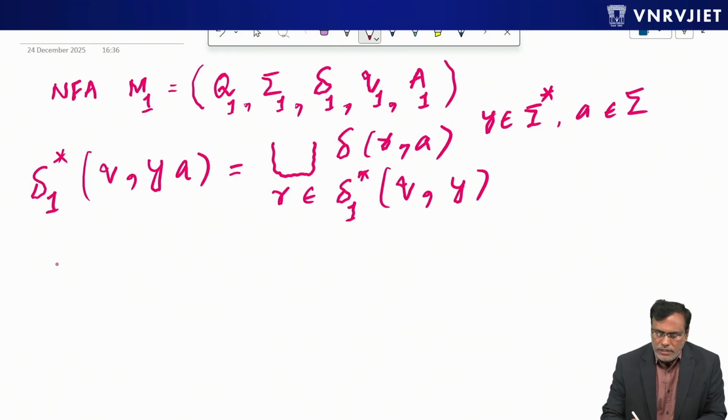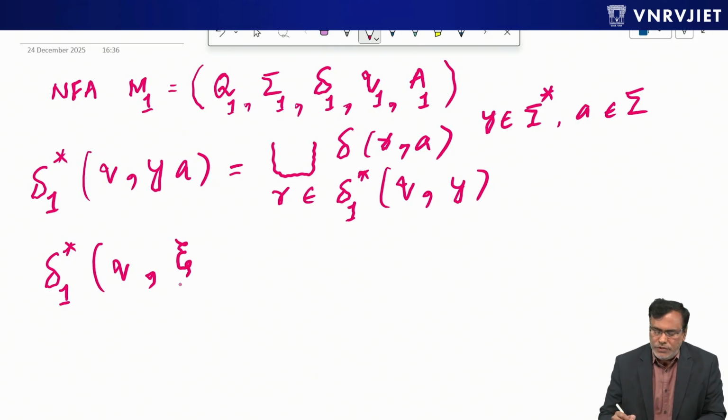In a similar fashion, delta 1 star of q, epsilon. This is the symbol that I am using for epsilon. Delta 1 star of q, epsilon is q itself.